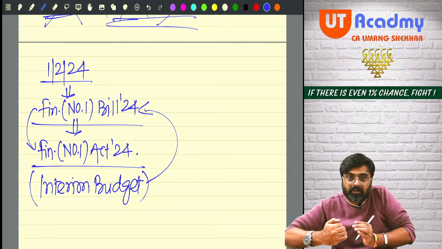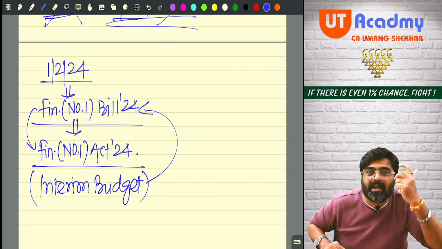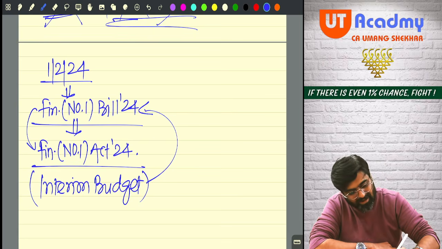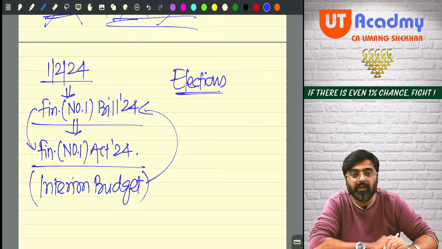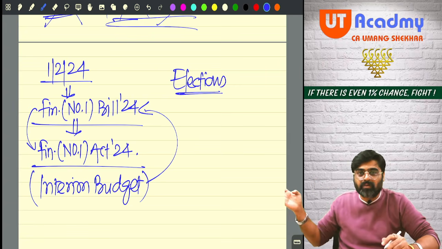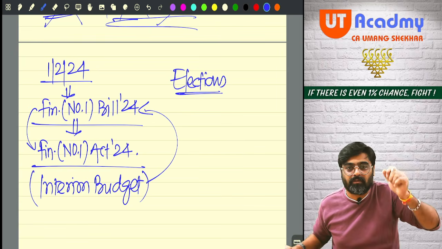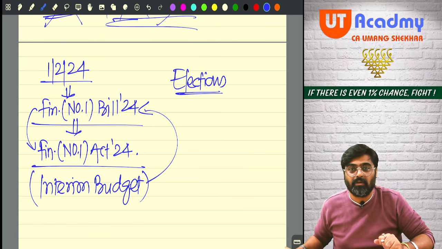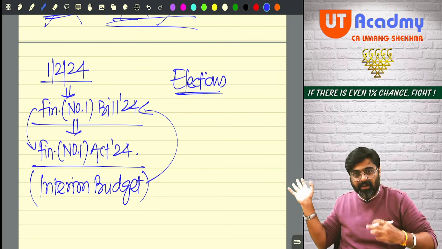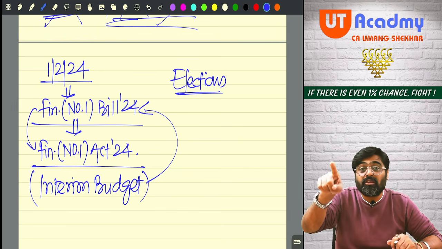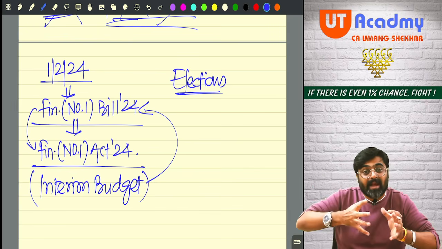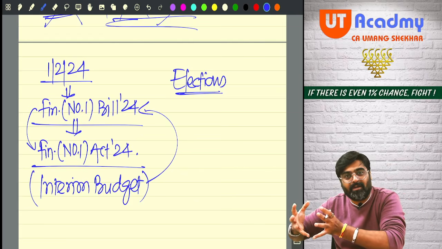Now after this, the elections were held in India. And after the elections, what happens? The old government either goes away and the new government takes place. New government forms. Old party government goes away and new party forms the government. So this first budget was presented by the existing government.